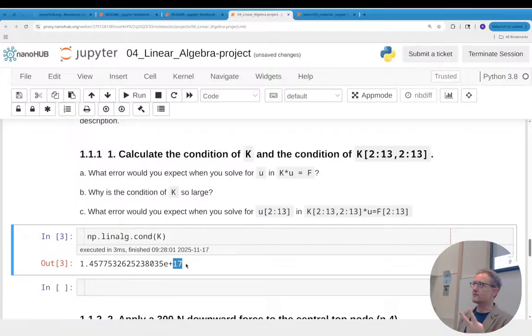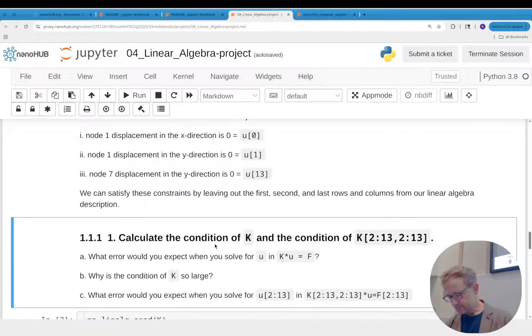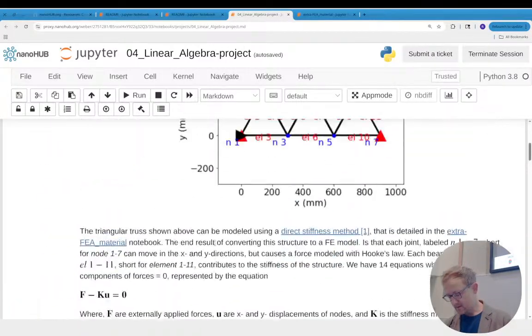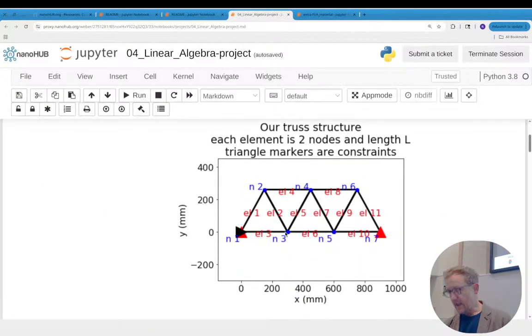So that's one of two things. One, it could be that the problem's very stiff. Like maybe we're trying to solve for displacement of rubber as it pushes up against steel. That's not what we're doing. So there's something else wrong. In this case, the K matrix defines the stiffness of the entire structure, like the whole bridge, whether or not there are boundary conditions.